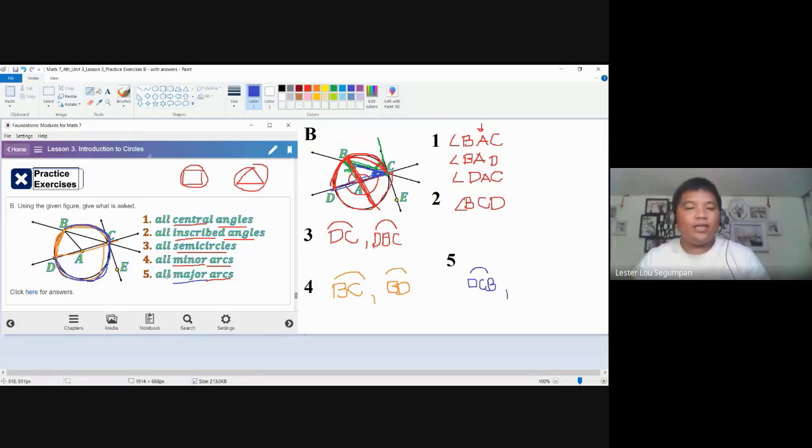And the other one is by moving the other way around. So if I start here at C, and then we have here the semicircle D, and we add here arc BD, or DB, sorry. So we have here C, D, B, or arc BDC. So these are the two major arcs in this given figure.